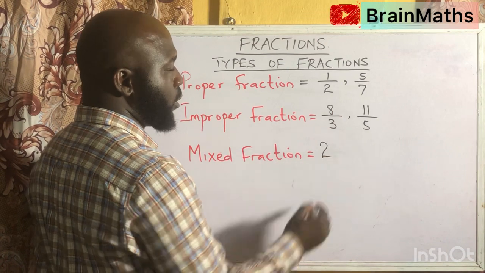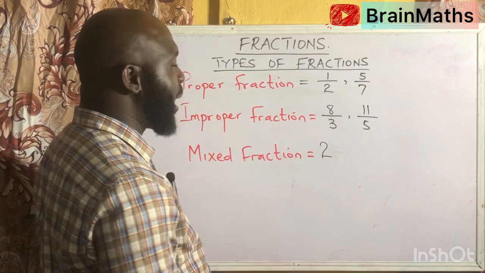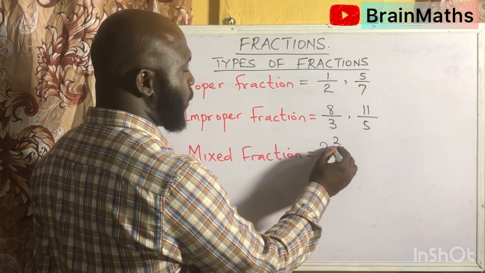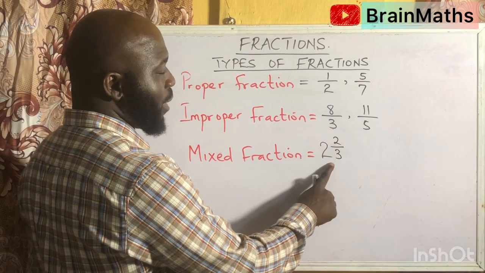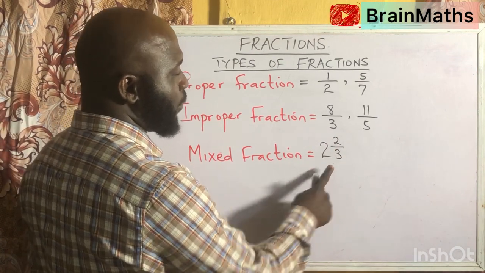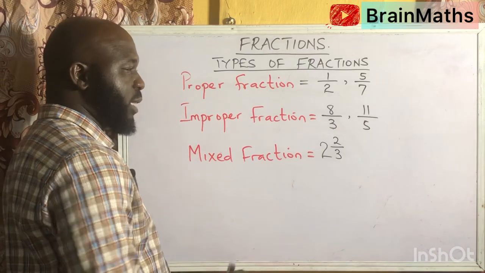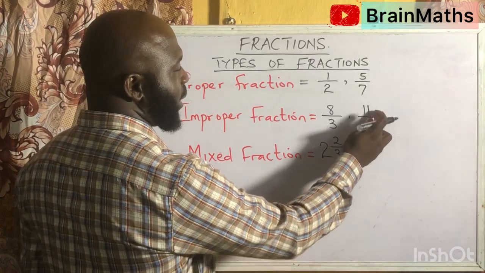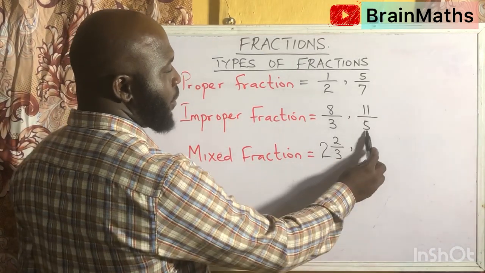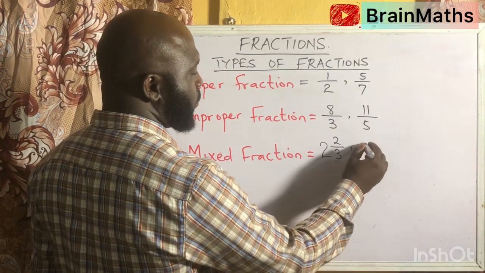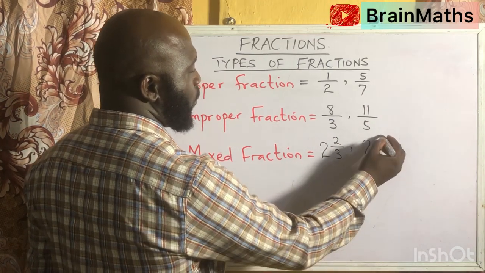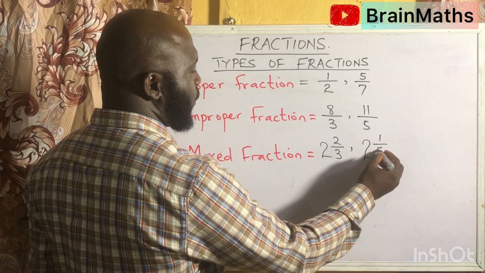We'll say 2. But we still have a remainder, and the remainder is 2 over 3. So what I have written here, this type of fraction, is called a mixed fraction. Let's look at 11 over 5. How many 5s can we get in 11? 2, remainder 1 over 5.